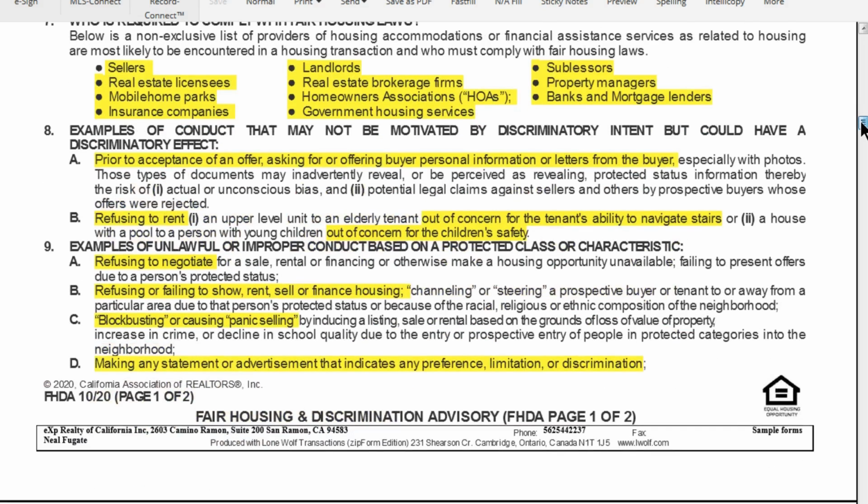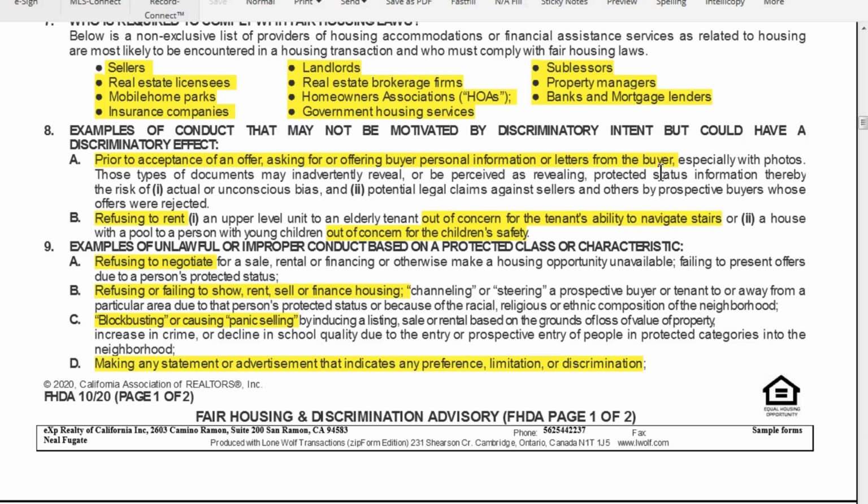And now, Section 8 talks about some examples of conduct that may not be motivated by discriminatory intent, but could still have a discriminatory effect. For instance, prior to acceptance of an offer, either asking for or offering buyer personal information or letters from the buyer.